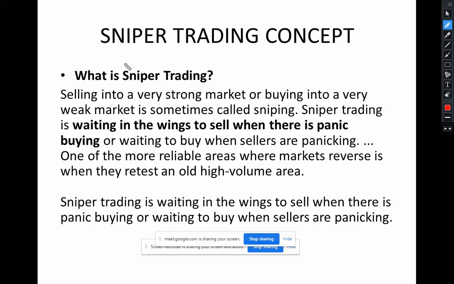Like for example, let's say the market moves high and drops drastically, then the market starts moving up again and down.